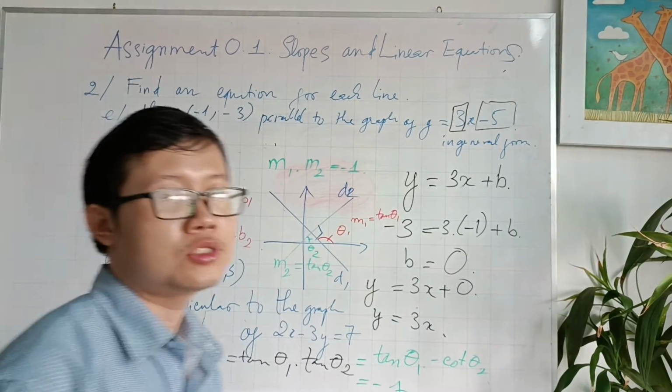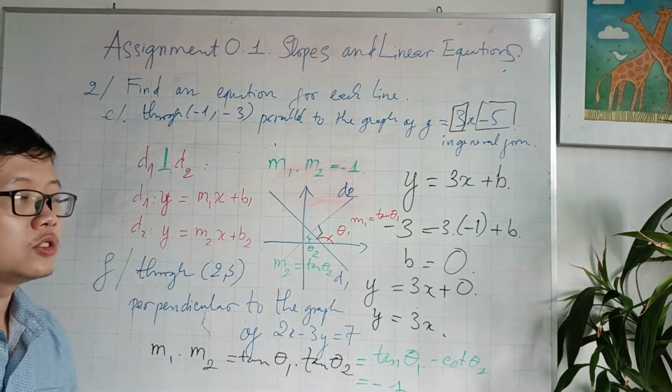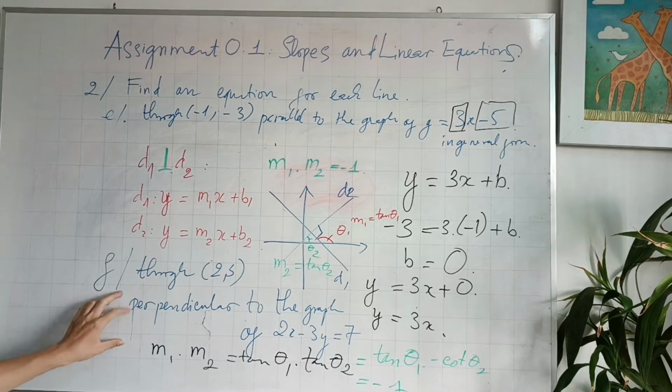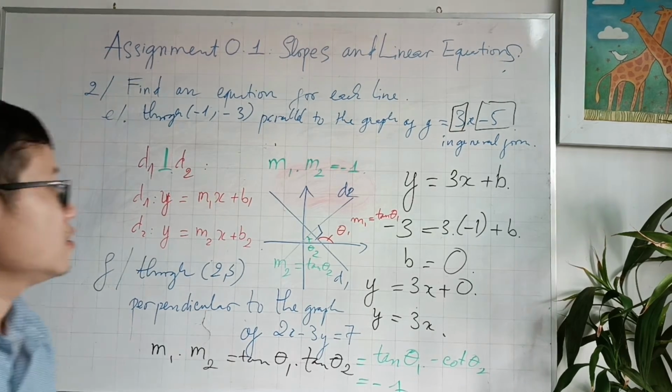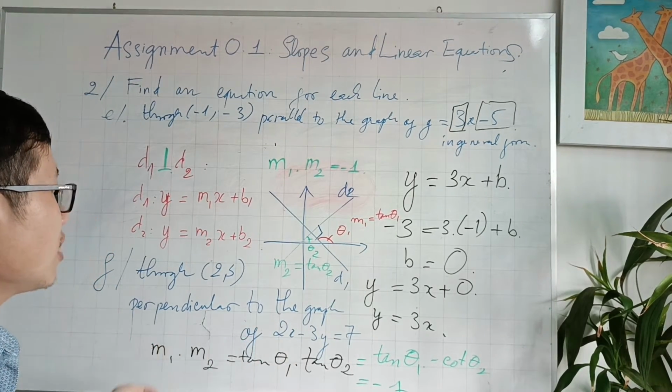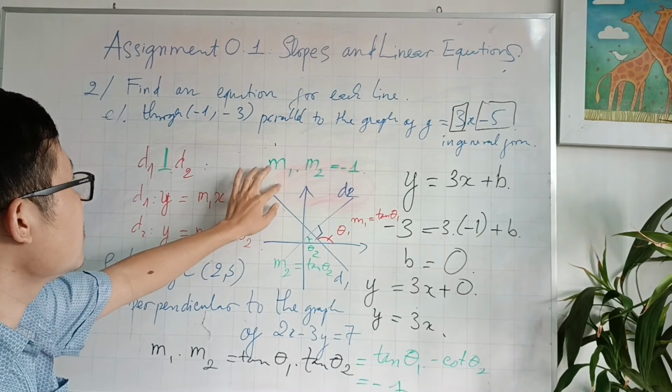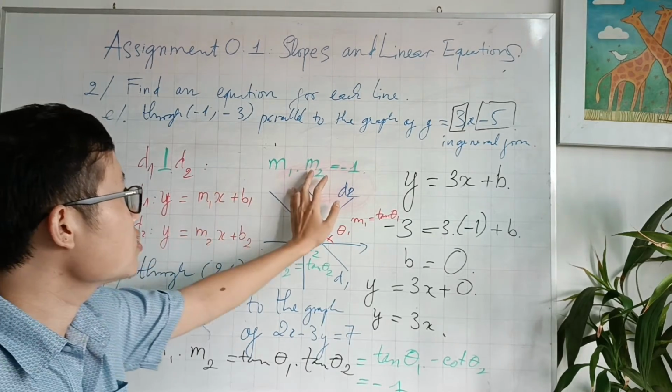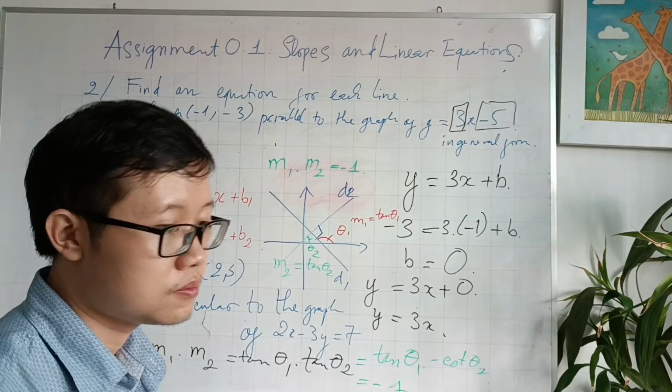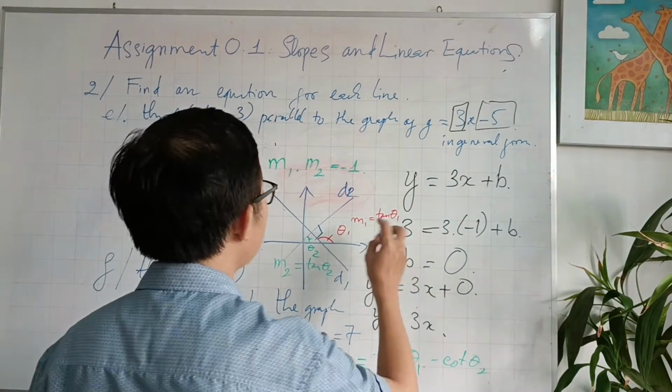So we have two methods to solve question F. The first one, I want to use the formula m1 times m2 equals -1. I clear my board.